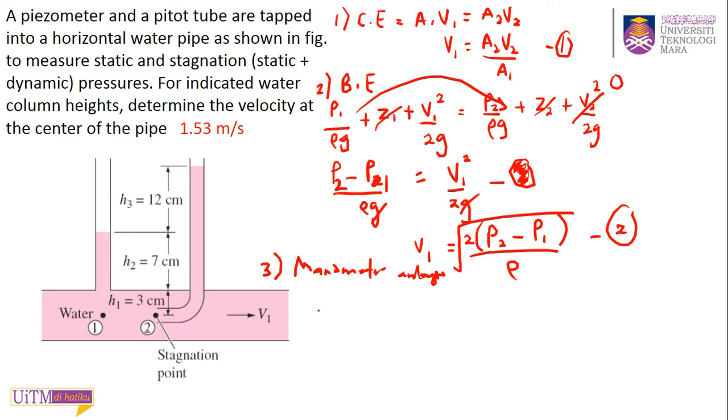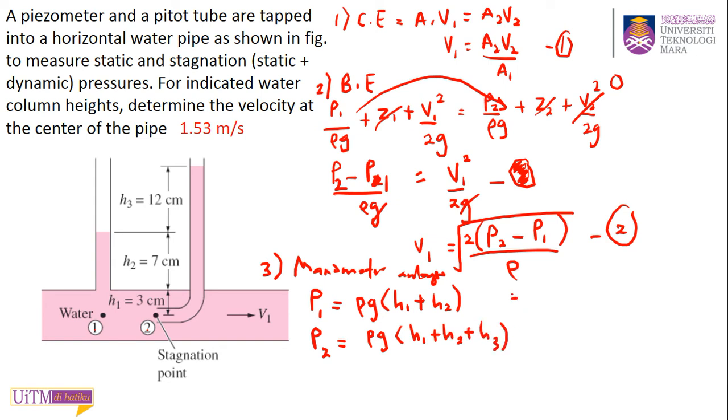So you know P1 sama dengan rho of water times G times H1 plus H2 kan, and P2, okay, at this point, rho of water times G times H1 plus H2 plus H3.